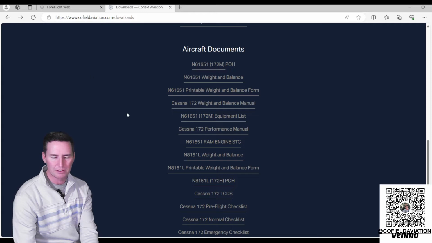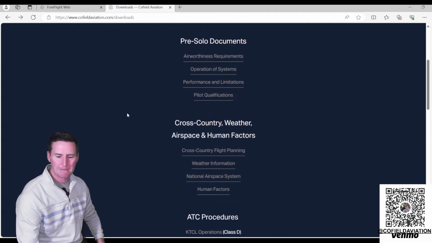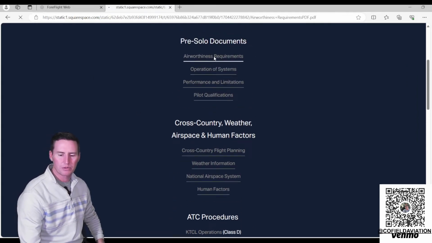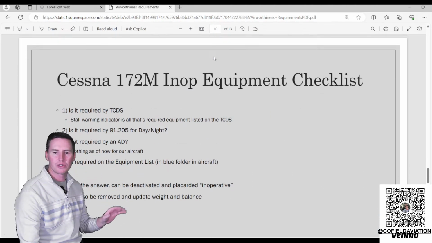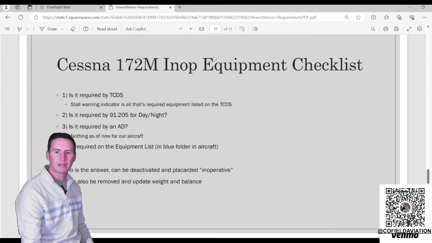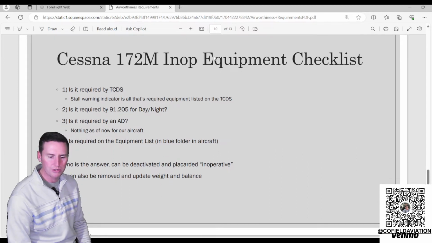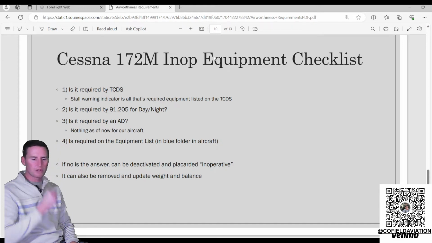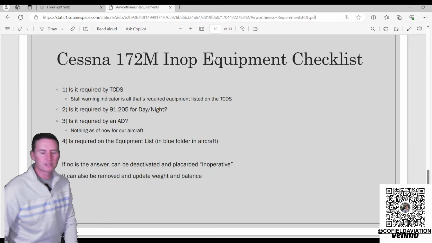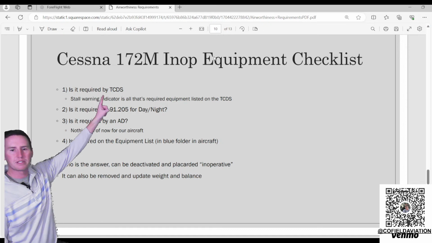All right, let's go back to the airworthiness requirements. So basically, I made up a checklist just for the 172 Mike for our students. So here's what you're doing under 91.213 if you go to the airplane and something is not working. For our airplane, first, is it required by the type certificate data sheet?